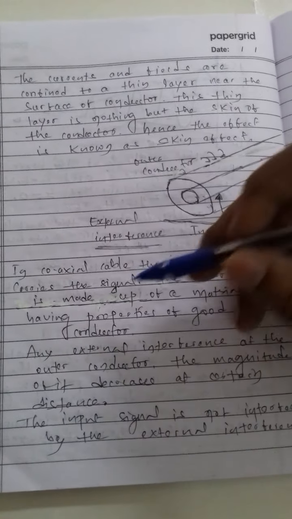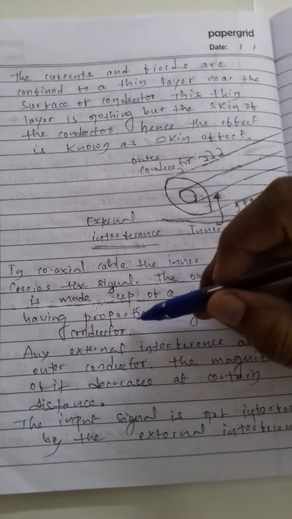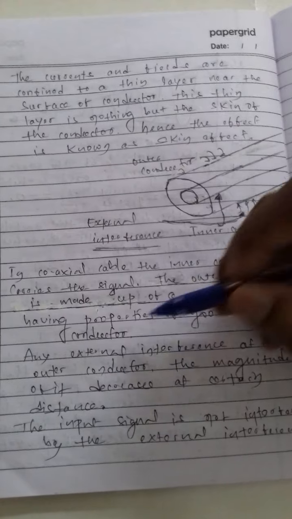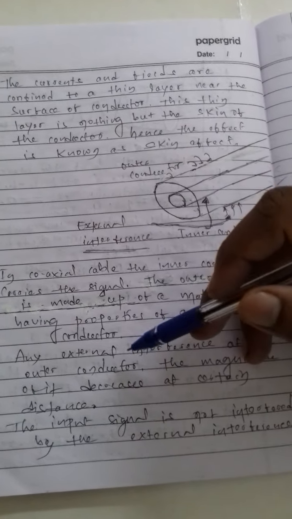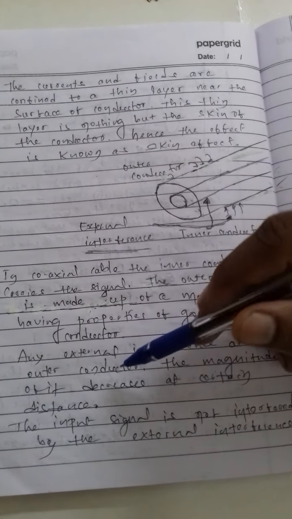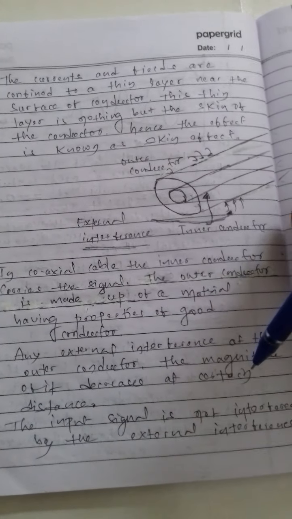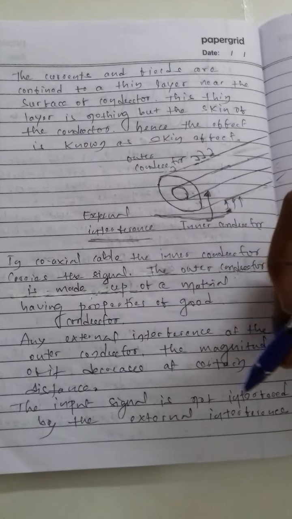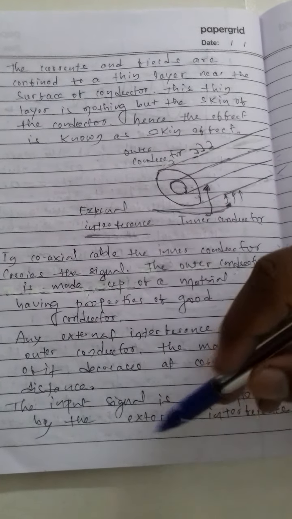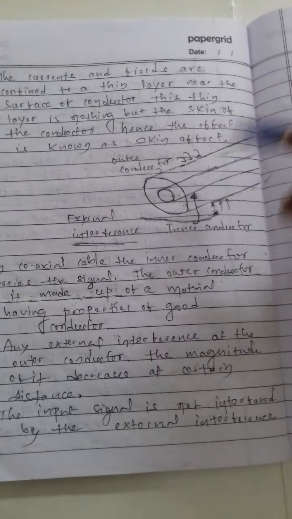The outer conductor is made of a material having the properties of a good conductor. Any external interference at the outer conductor decreases in magnitude at a certain distance, so the input signal is not interfered with by external interference.